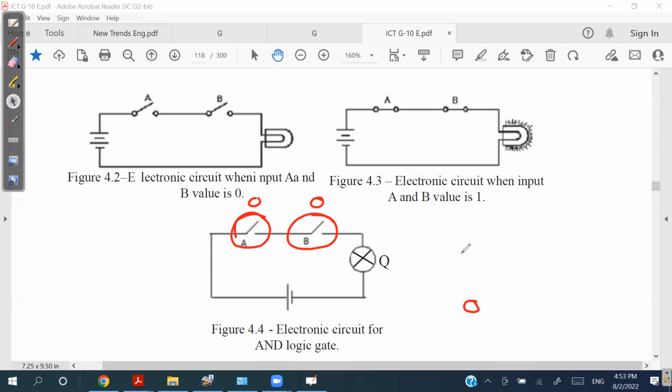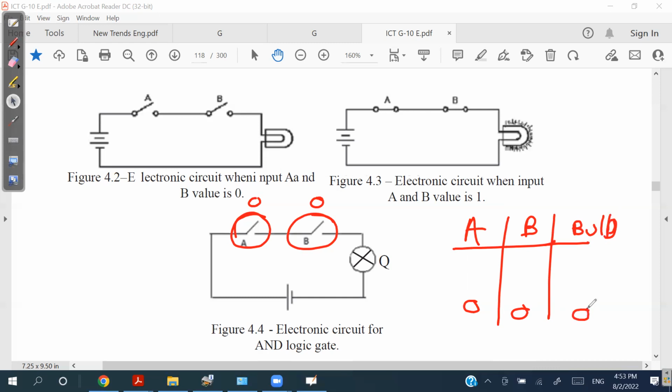That means when switches A and B are 0 and 0, the bulb is not lighting, as well as when both the switches are being closed.